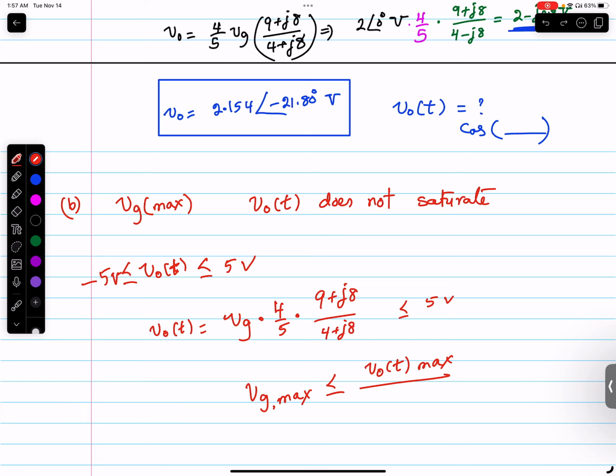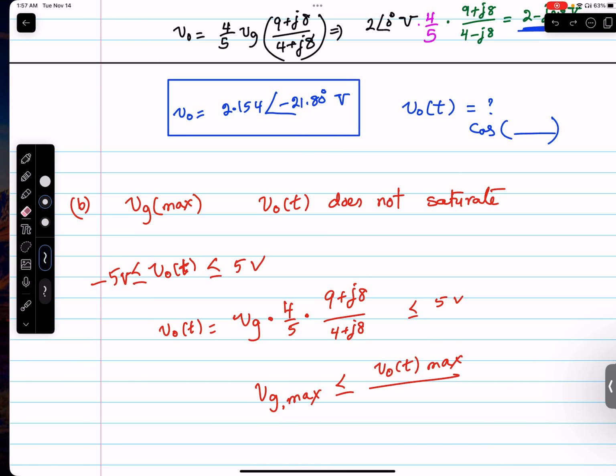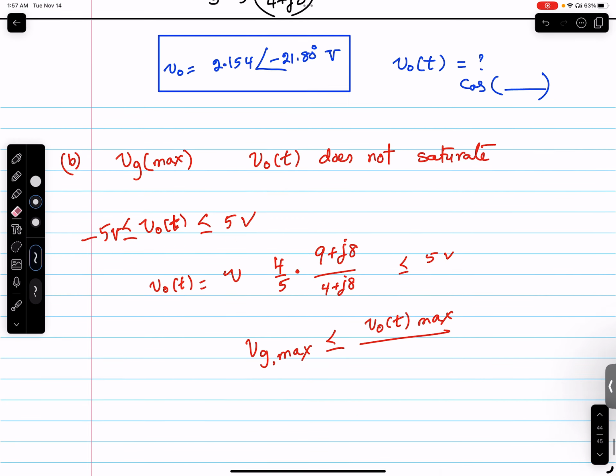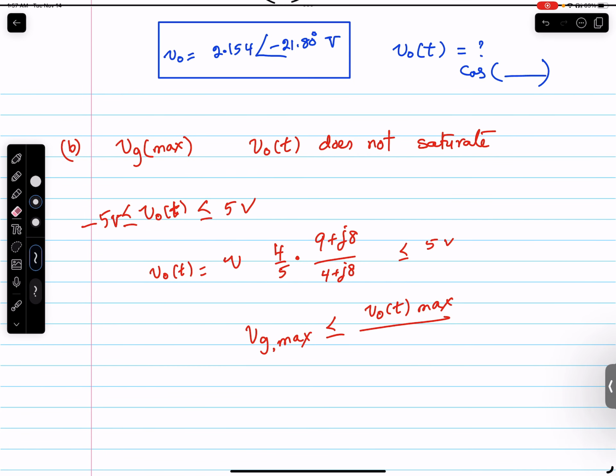In order to find the maximum value of Vg, all I have to do is find the reciprocal of all this. We take this to the other side of the equation: vo maximum, and then we have 4 by 5 times 9 plus j8 by 4 plus j8.